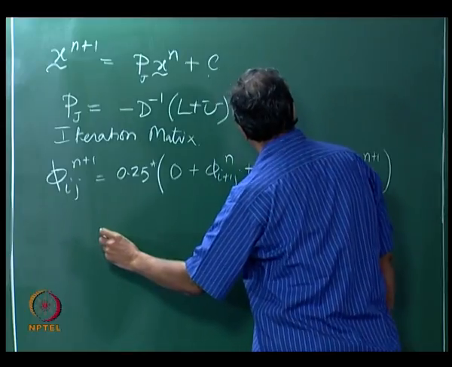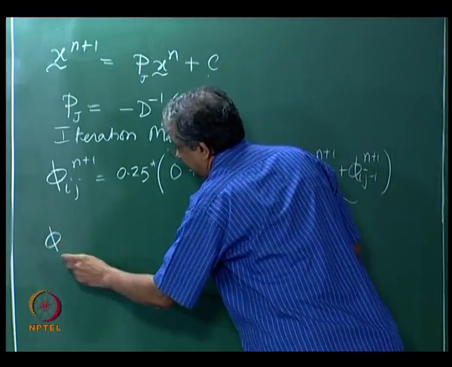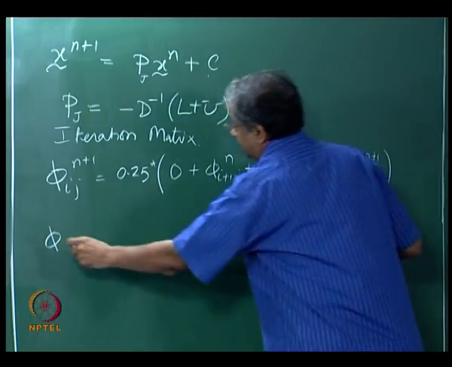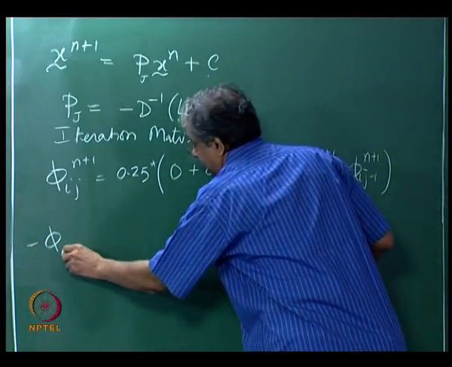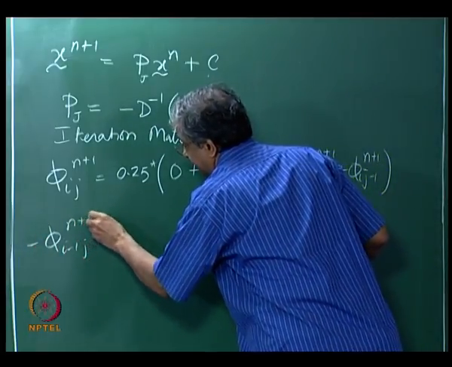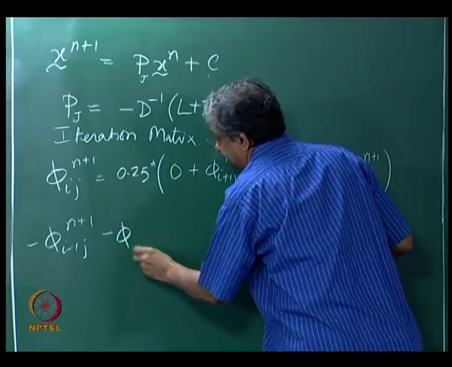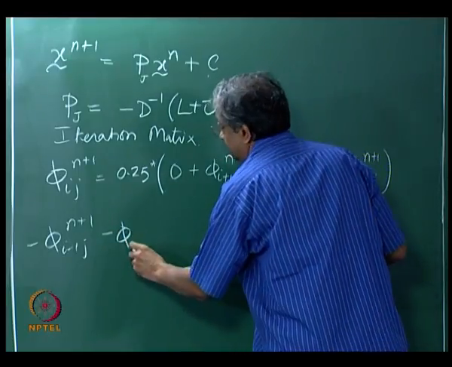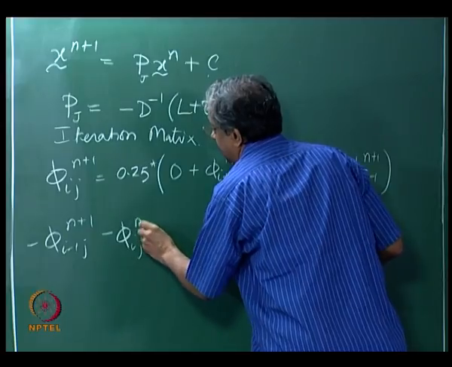So we have phi I minus phi I minus 1 j n plus 1 minus phi I j minus 1 n plus 1.